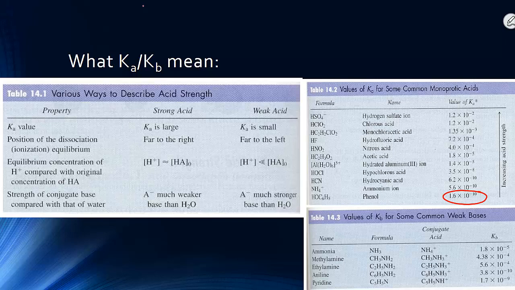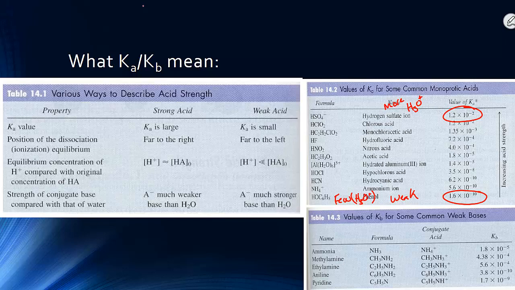So for example, phenol is a really weak acid. It produces very few molecules of hydronium, while something like hydrogen sulfate or bisulfate would be relatively strong in comparison because it would produce more hydronium molecules.